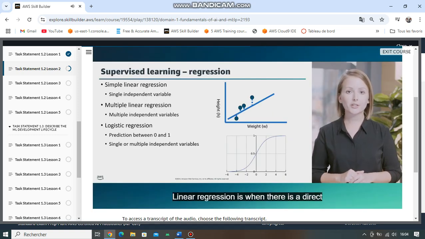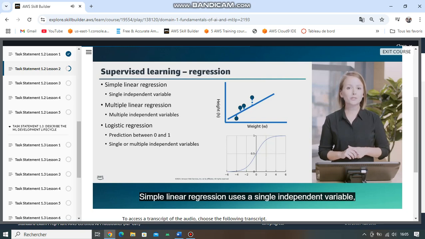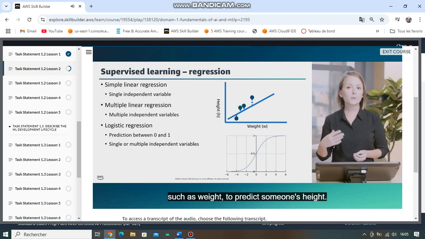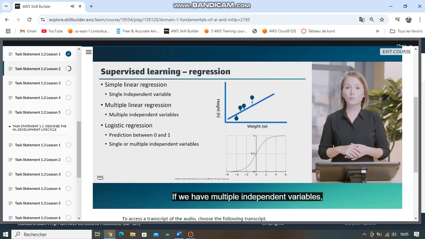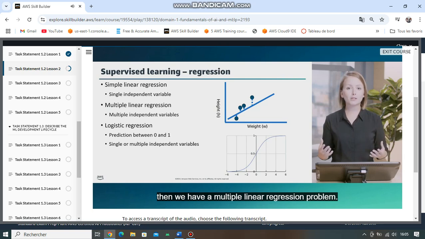Linear regression is when there is a direct linear relationship between the inputs and output. Simple linear regression uses a single independent variable, such as weight, to predict someone's height. If we have multiple independent variables, such as weight and age, then we have a multiple linear regression problem.